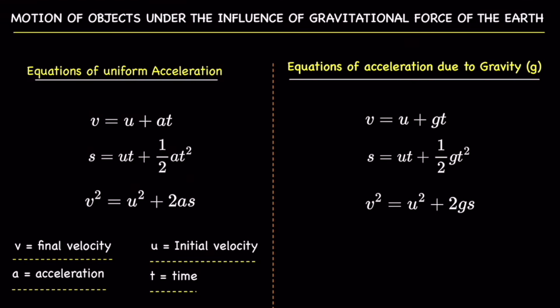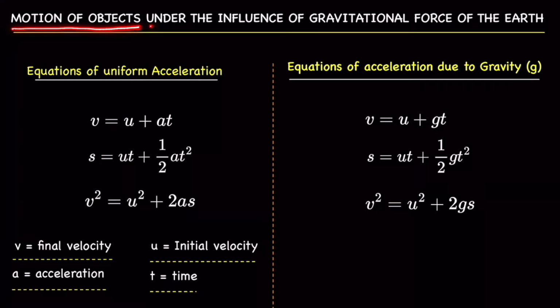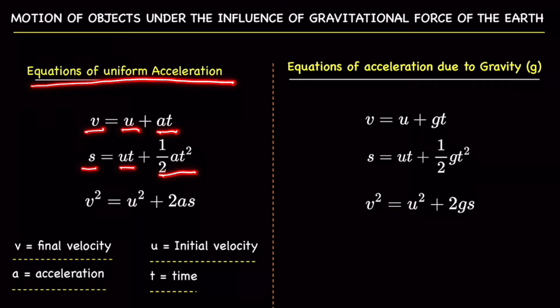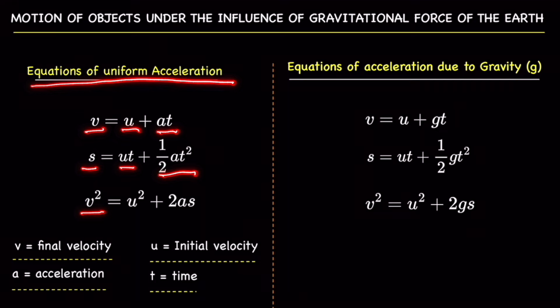Now we will study about the motion of objects under the influence of gravitational force of the earth. In the chapter motion, we studied about the equations of uniform acceleration, where we remembered three formulas: v is equal to u plus at, s is equal to ut plus half at square, and v square is equal to u square plus 2as.